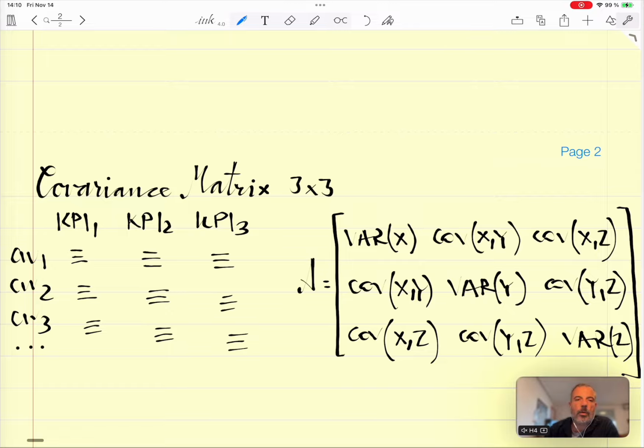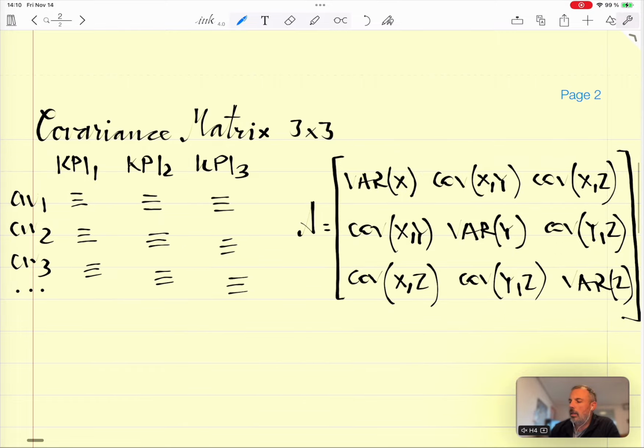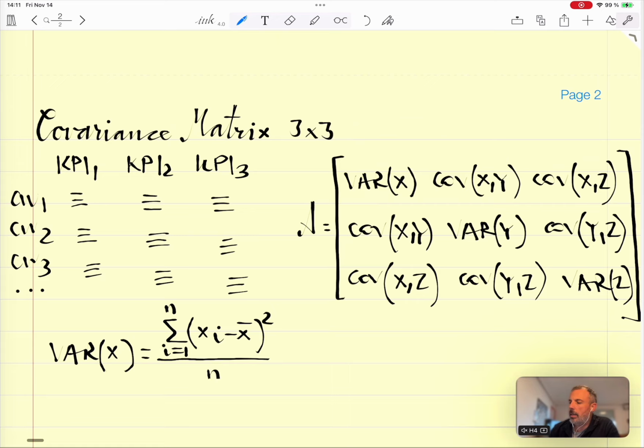And from there we take the values. Okay, so the variance of x, for instance, is the sum of x sub i minus x mean, squared, divided by n minus 1.